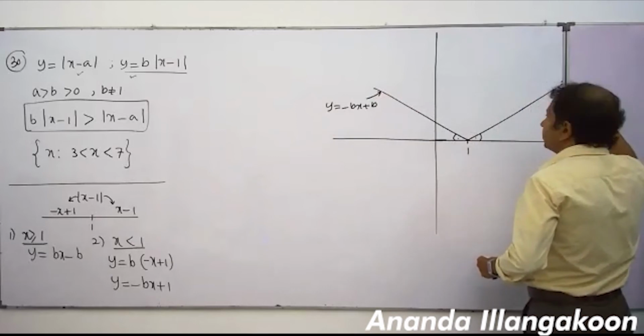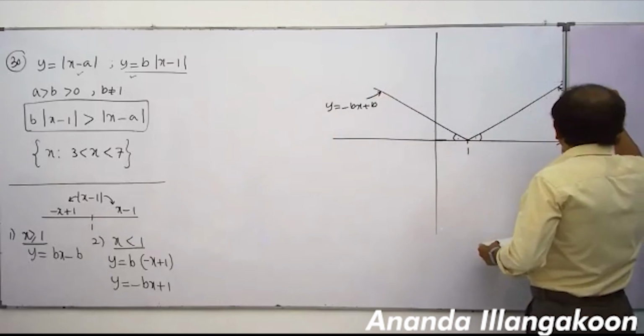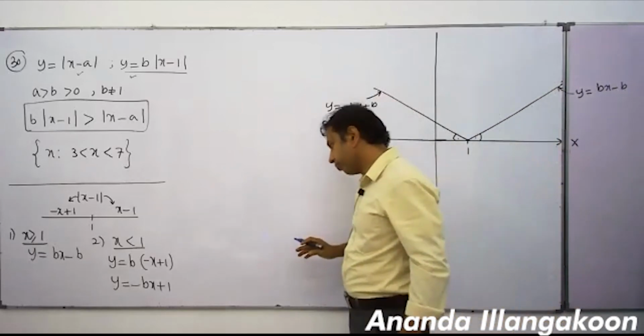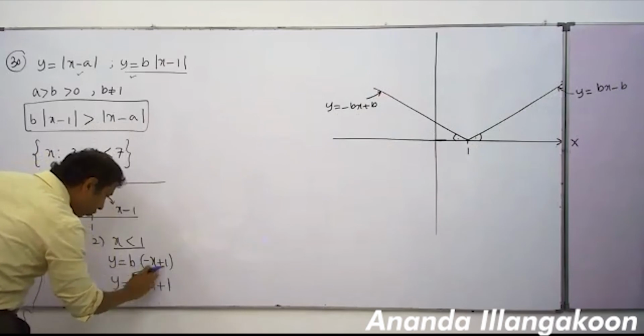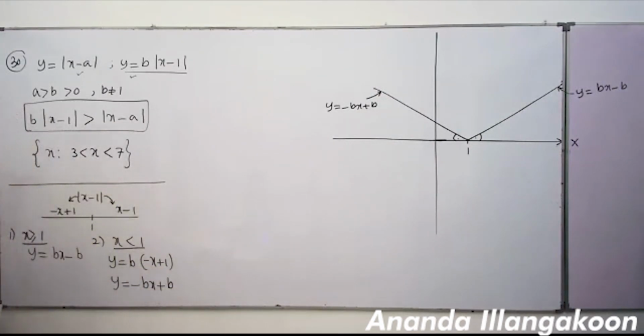This is y equals bx minus b. Minus bx plus b, no? This b should multiply by 1.